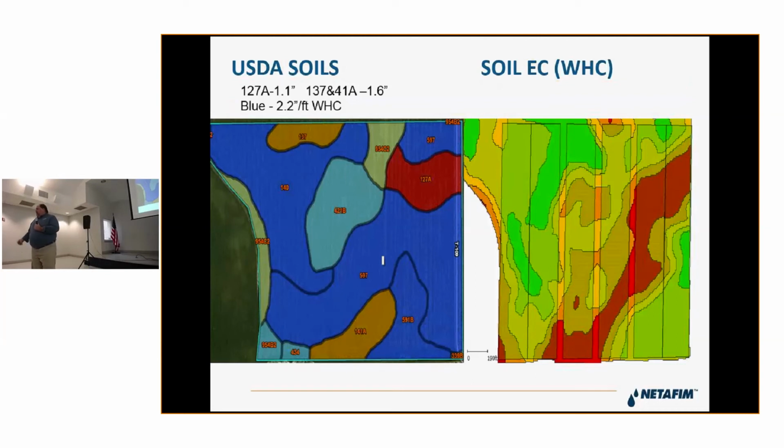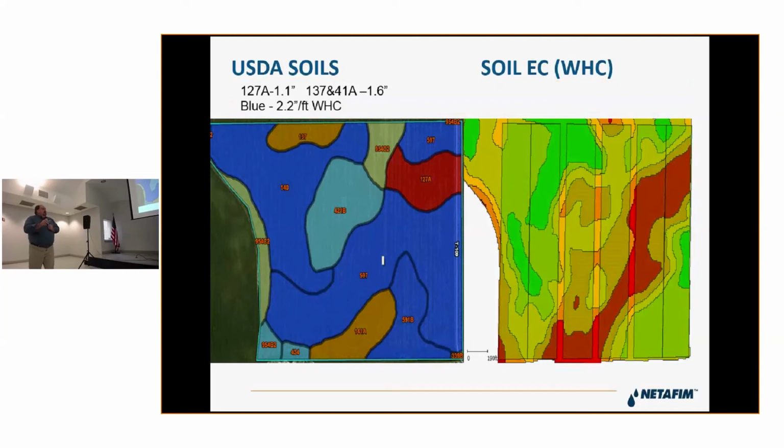Again, I think the soil survey does a nice job of predicting this. What it does a poor job of is knowing where those soils are at. On the right-hand side is a culmination of a Veris layer and 5 years of yield information. There's a lot of power in that.